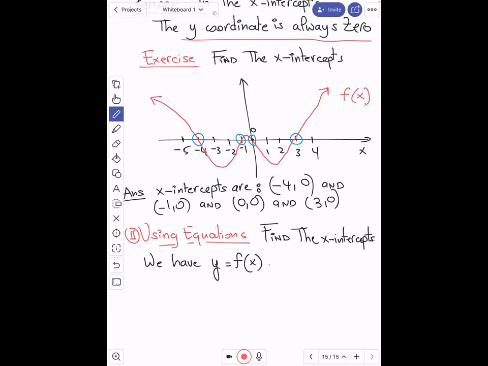So when you want to find the x-intercept of some function f of x, the idea would be to solve f of x equals 0. Because when you say f of x is equal to 0, it means that your y, this 0, is the corresponding output y.